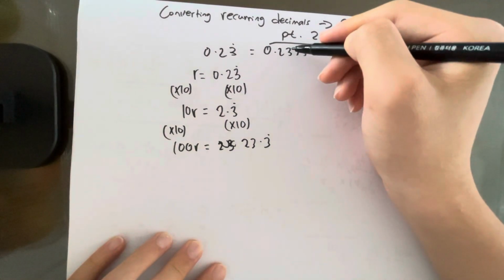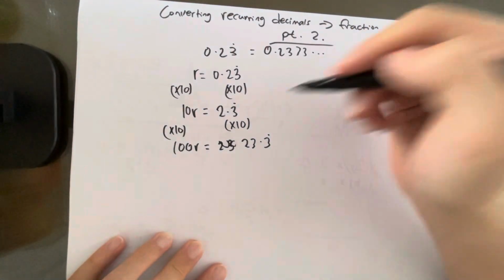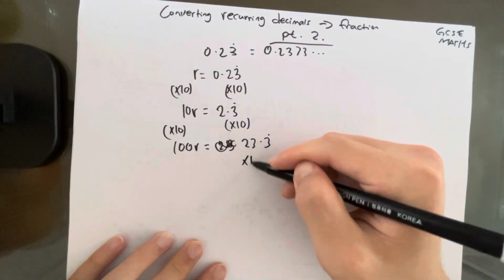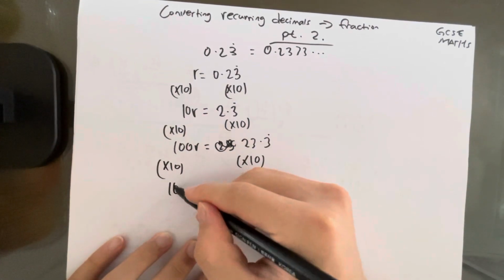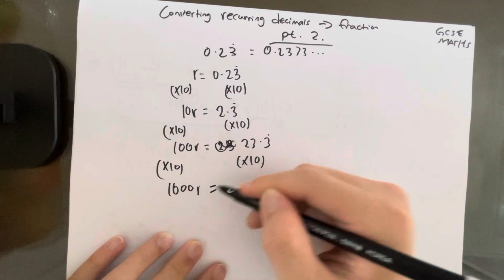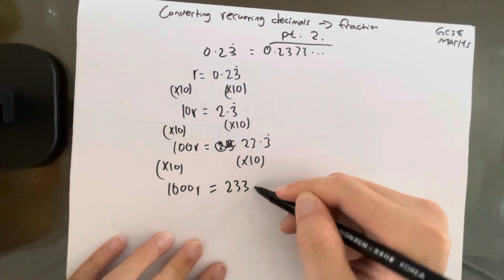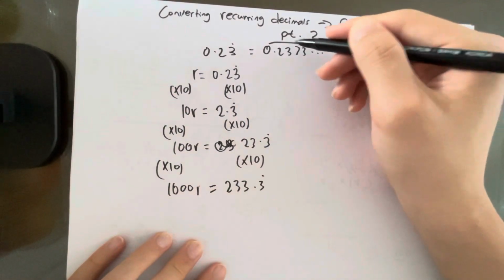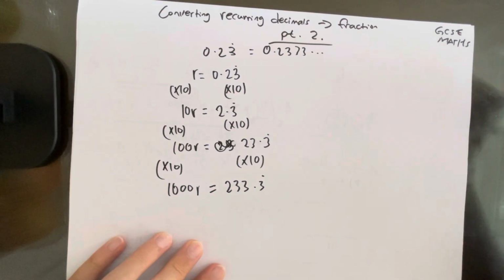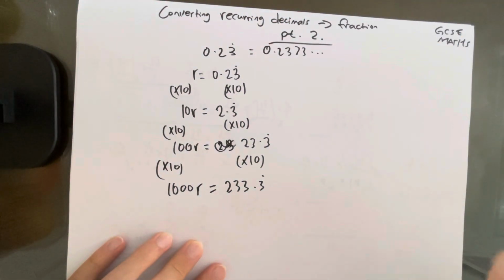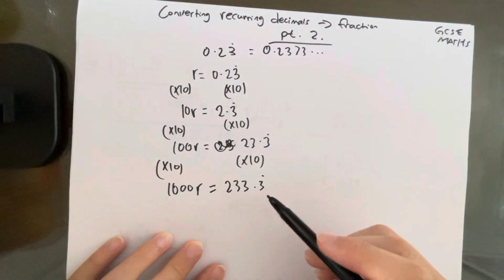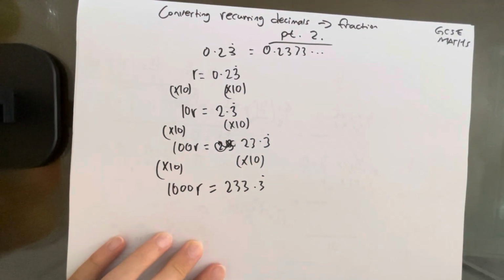Another digit's moved over, but the 3 is still recurring. And if we multiply once more, we get 1000r is equal to 233.3 recurring. And r was 0.23, so what we would have done was minus r so that all the recurring digits on the right side would be gone.